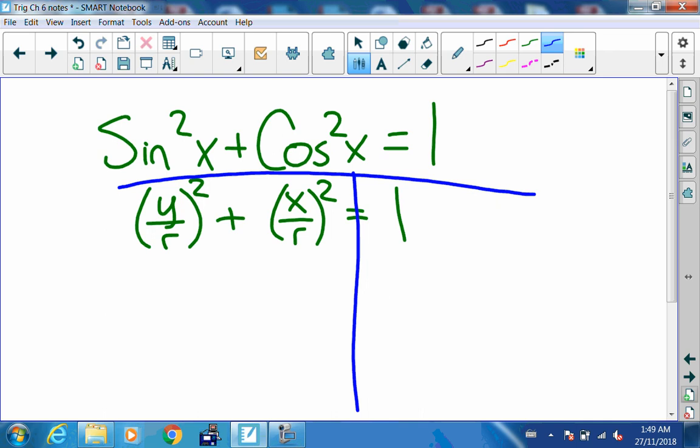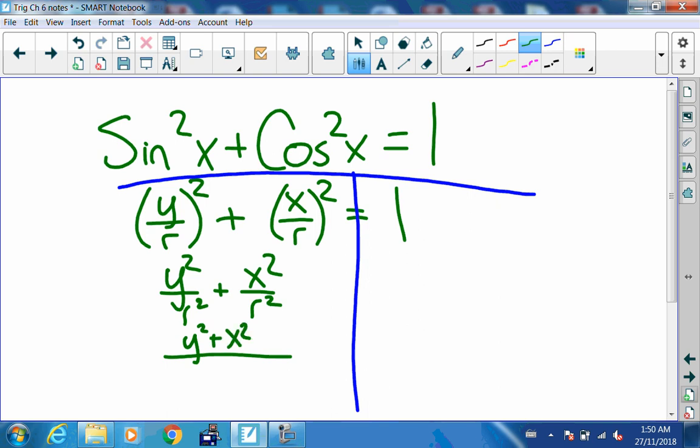So, let's start off. This just becomes y squared over r squared plus x squared over r squared. And then I can go, wait a sec, I've already got a common denominator here. So y squared plus x squared over r squared equals 1. Now that doesn't look like 1 necessarily yet.